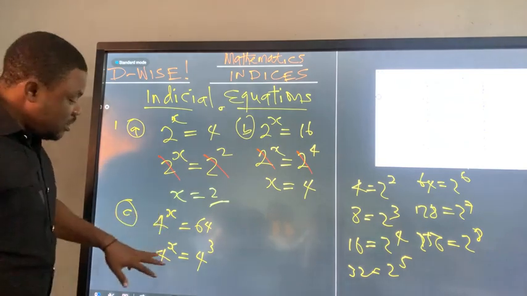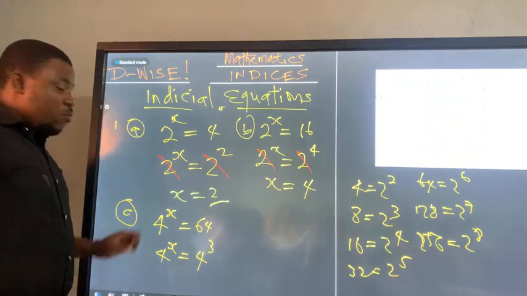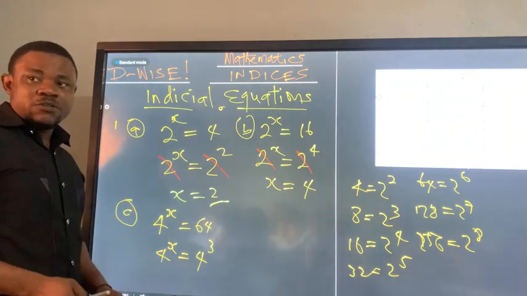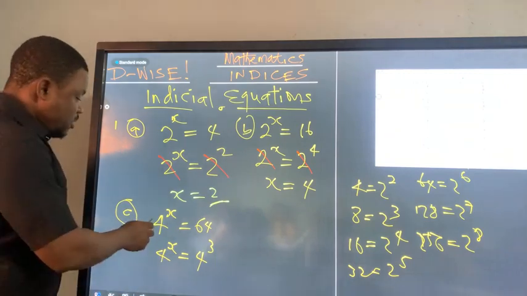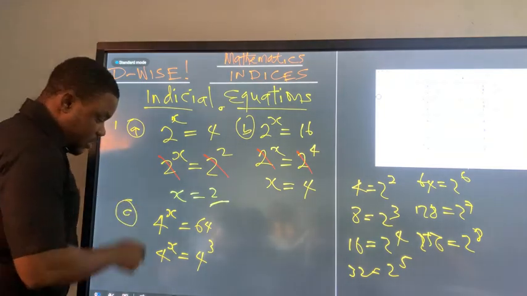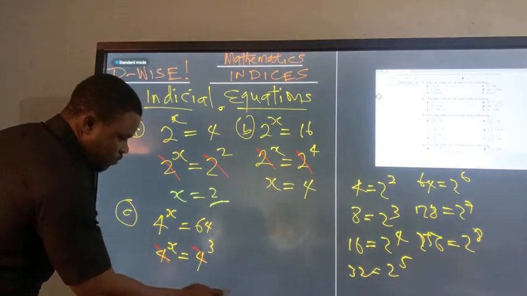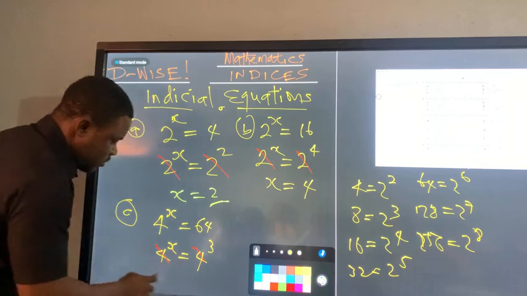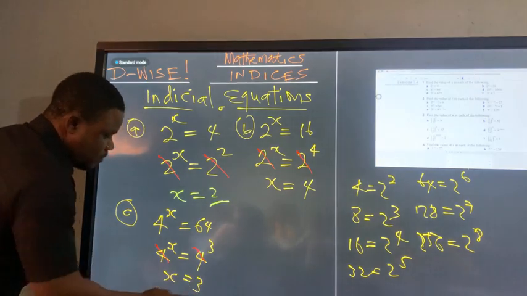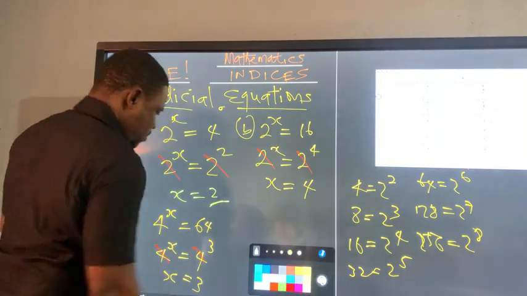Don't use them in this form, because sometimes the question is changed and you may get confused along the way. But if you're using prime numbers, you will never have problems. Again, 4 is a power of 2, 64 is a power of 2. So 4 cancelling 4, and eventually x is equal to 3.